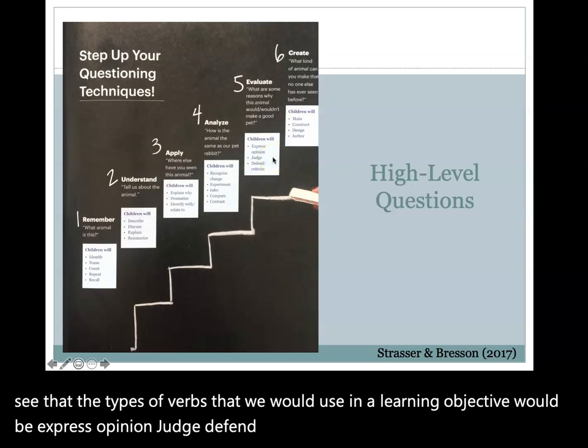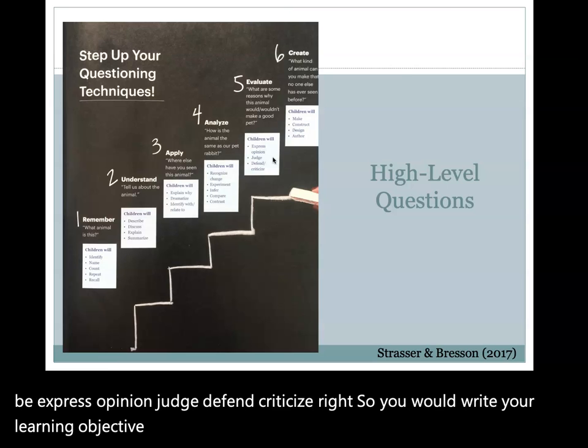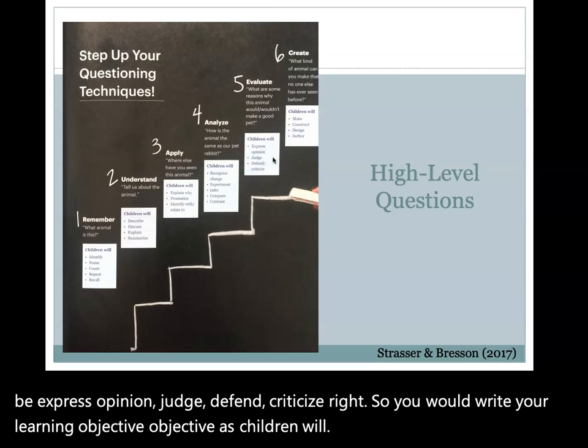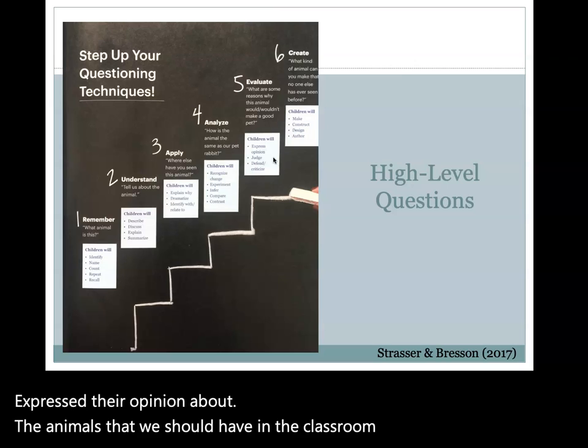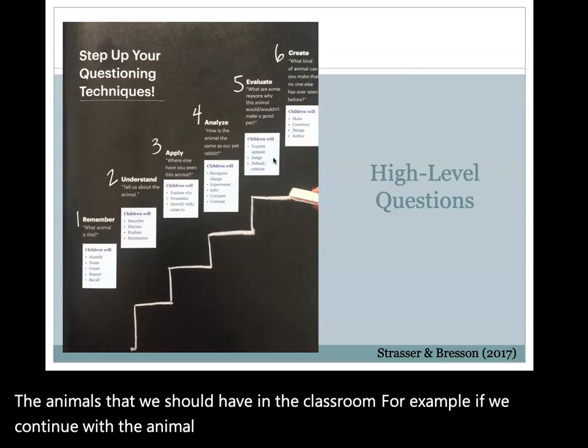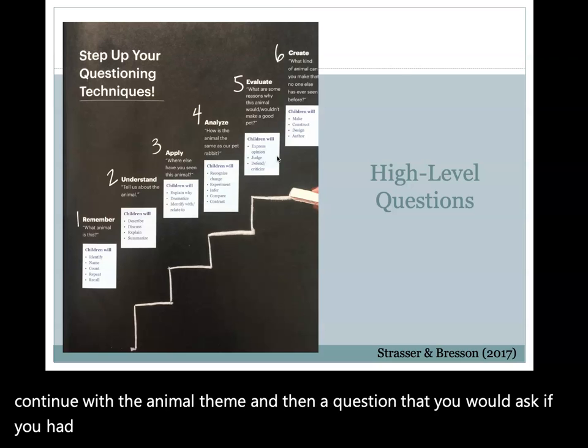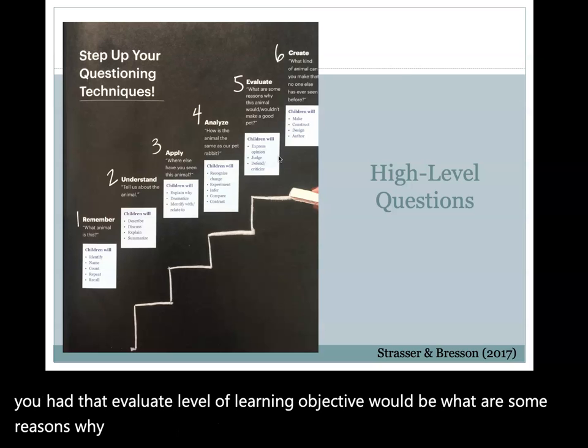So you would write your learning objective as children will express their opinion about the animals that we should have in the classroom, for example, if we continue with the animal theme. And then a question that you would ask if you had that evaluate level of learning objective would be, what are some reasons why this animal would or wouldn't make a good pet for us in this classroom?